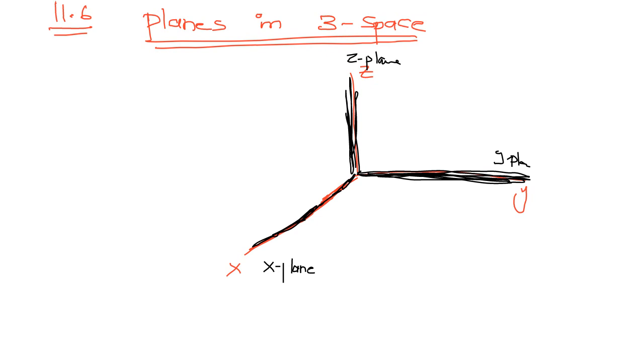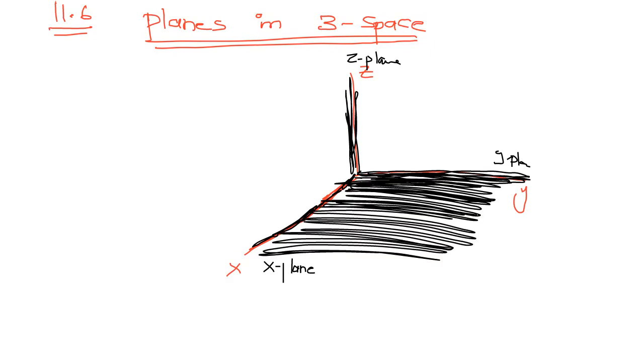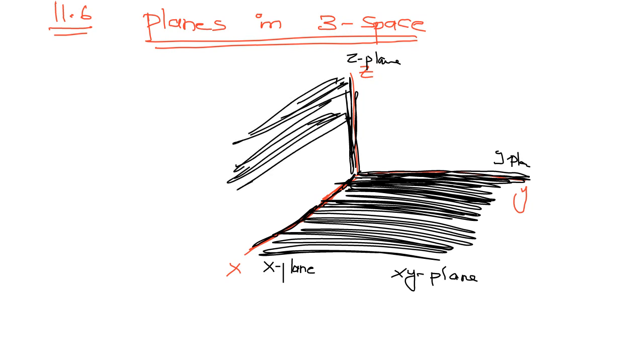For example, if any point lies in this shaded region, it lies on the xy plane. If a point lies in this region, which plane is that? The XZ plane.